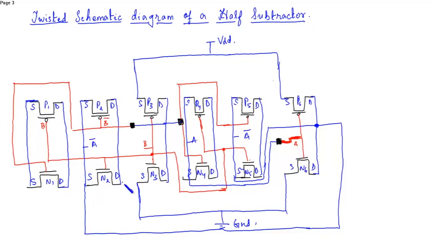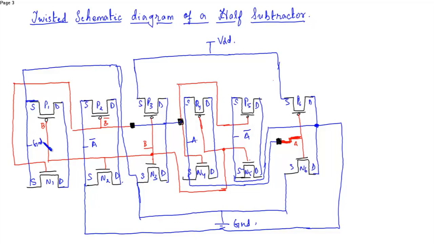In order to connect this with ground, we can't take from here because there's a metal layer, so we'll take it through the poly layers. So this is your ground.